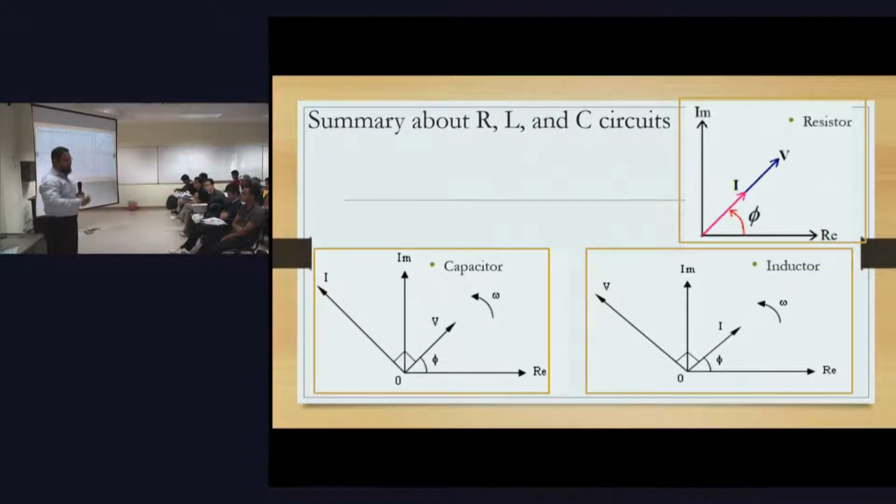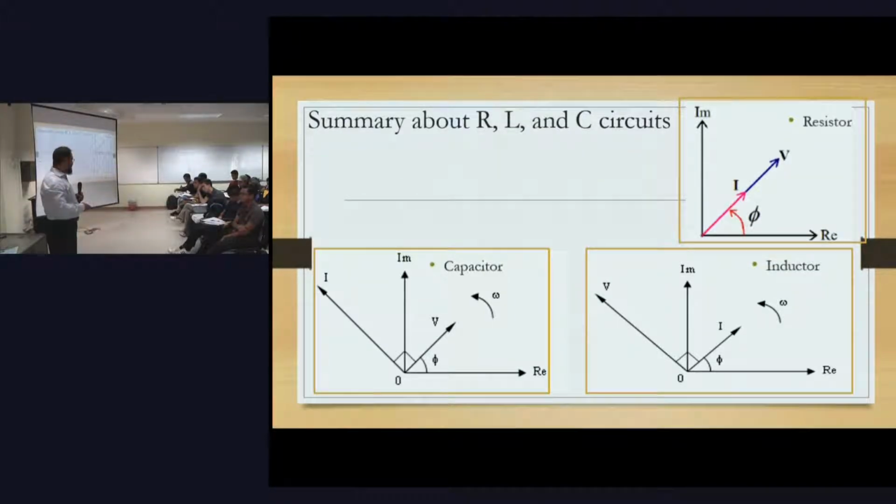Why is that? Because it's the original relationship. Remember, for the case of inductor, VL is equal to L di by dt. Because of that relationship, it's just customary to set that.